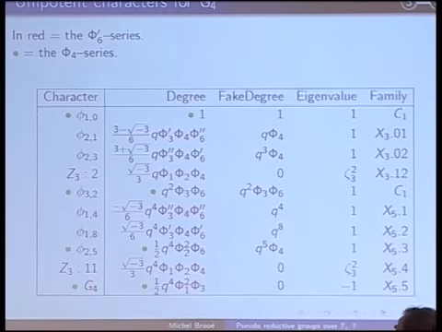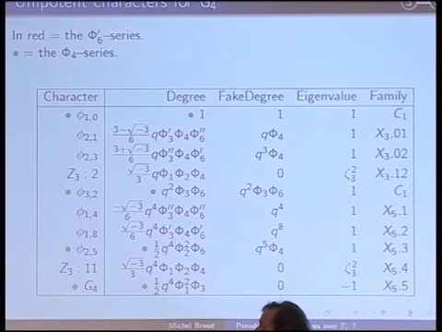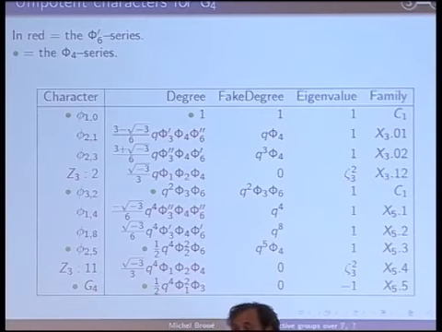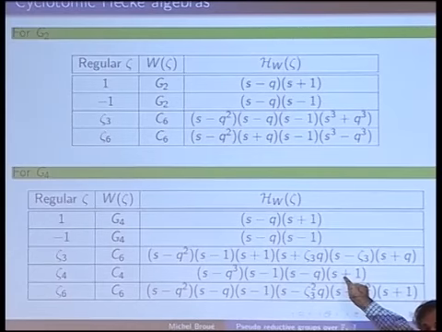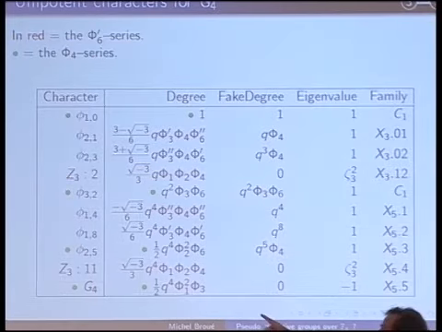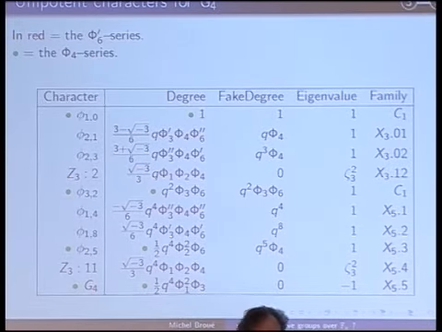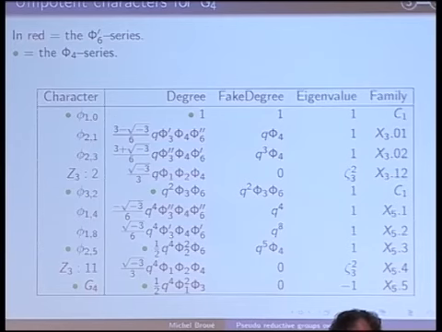You must find as many characters as the corresponding centralizer of the regular element in G4 has characters, namely 4. You find 4 characters. And now their degrees should be computable in terms of the corresponding cyclotomic Hecke algebra. I gave it to you here. So we have the cyclotomic Hecke algebra, everything is fixed. It gives you the generic degrees, and the generic degrees should give you exactly those 4 characters. And everything is true, so this table can be seen from the 1-Harish-Chandra point of view, 2-Harish-Chandra point of view, 4-Harish-Chandra.